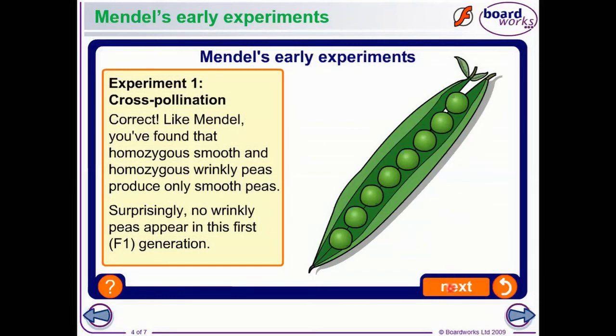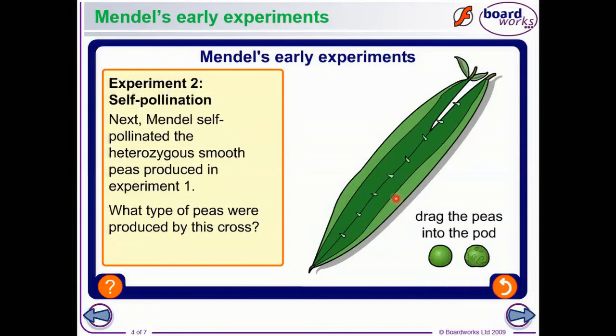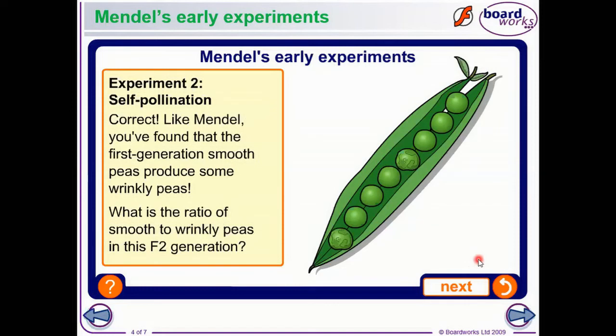While in the second generation, I now have a self-pollination, experiment number two, with these two types. They appear in a ratio of 3 to 1, which means 3 dominant to 1 recessive.